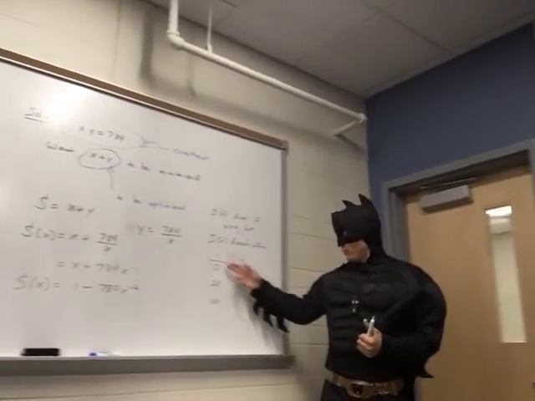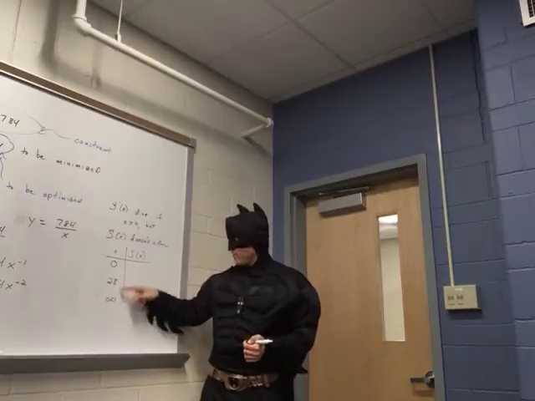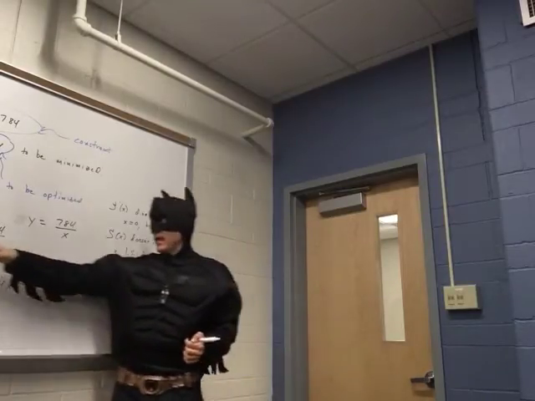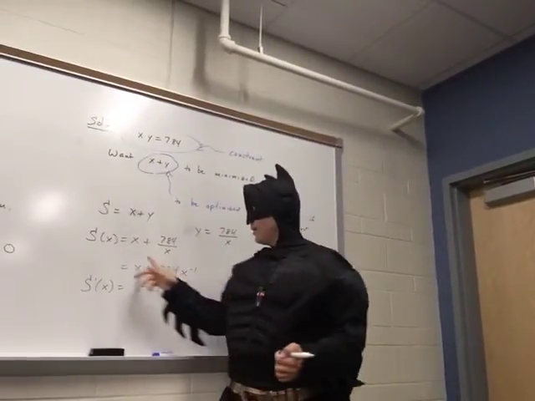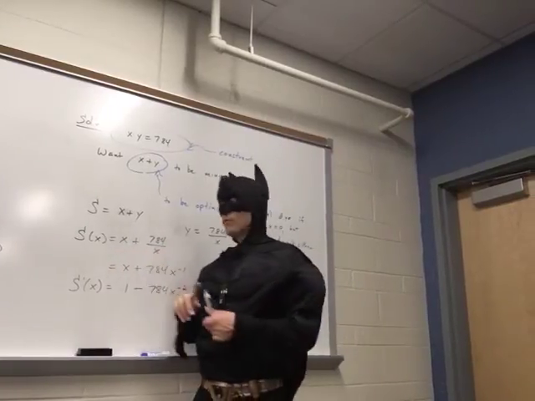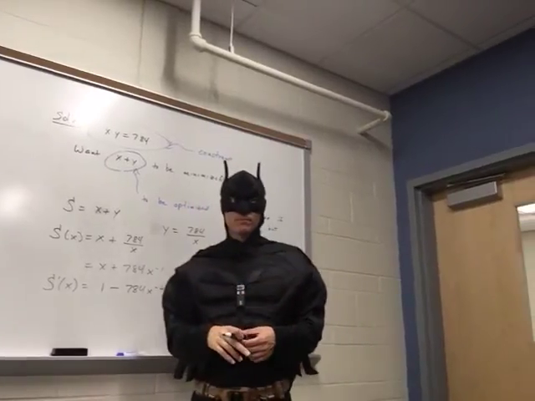So I now have a table of all the critical values, like we saw previously in another section, where I also use the bounds as critical. Putting these into the original s of x function, putting in 0 gives me 0 plus something that goes to infinity, so that would give me infinity here. That's probably not the minimum.